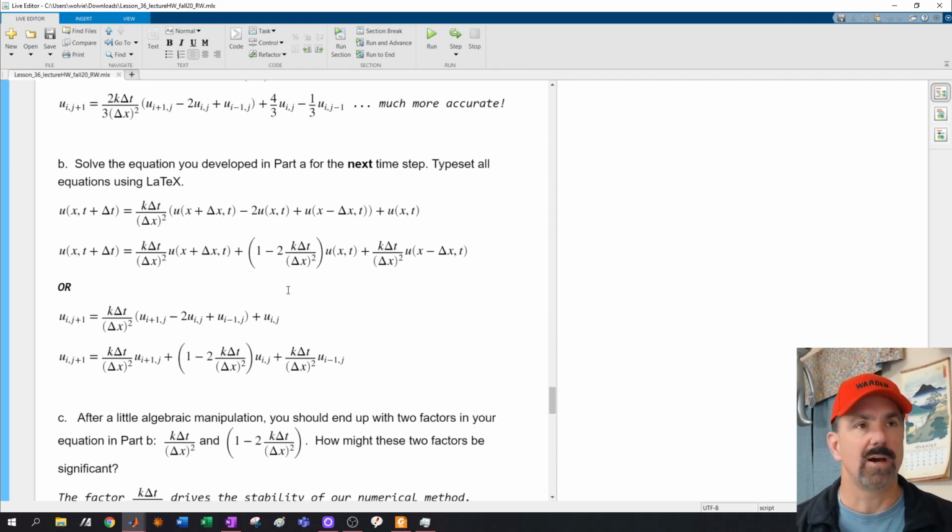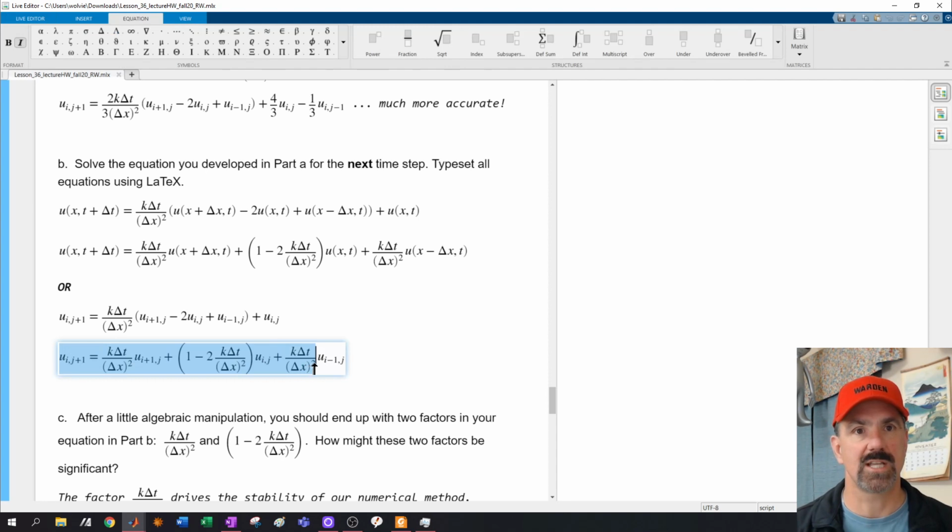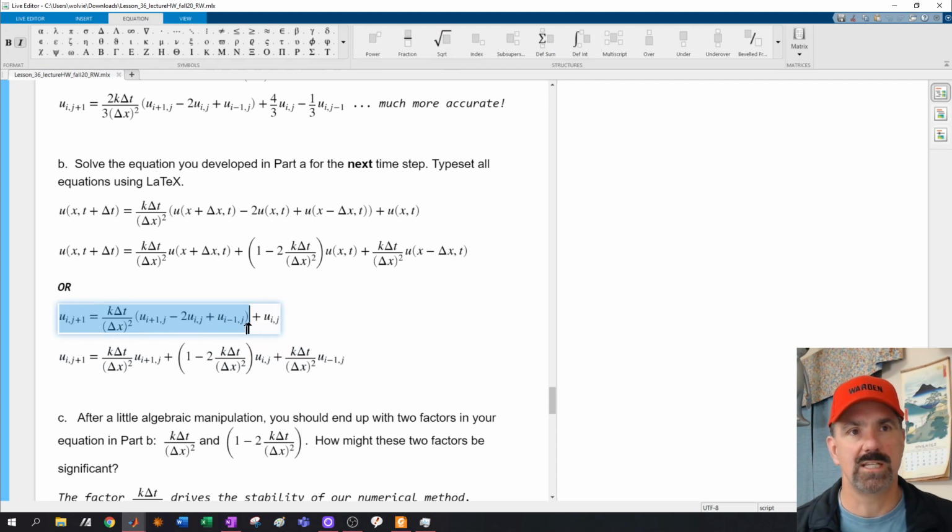Next thing we're going to talk about here is in part B, just rewriting our approximations in the format that we can actually program for success. So in this case, I have it written this way, which matches with the factors that the kernel wanted us to identify in part C. I would argue that it's probably just as easy and certainly more straightforward to simply write it in this manner here, where we've solved by multiplying both sides of the equation by delta t and then adding over u_i,j.